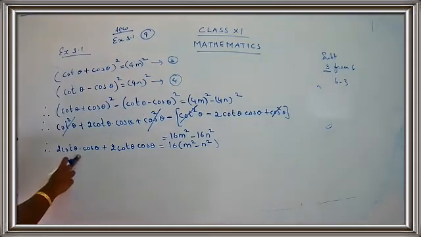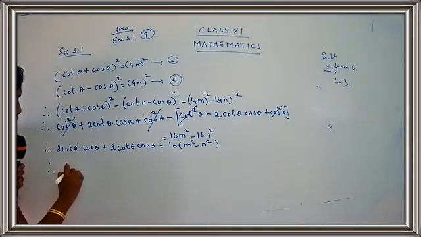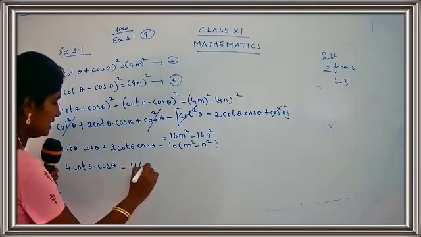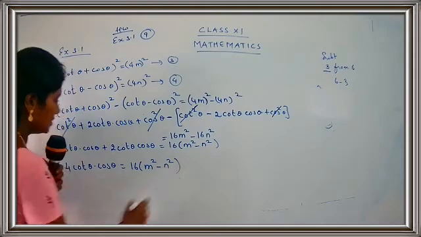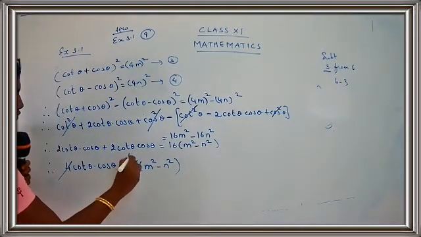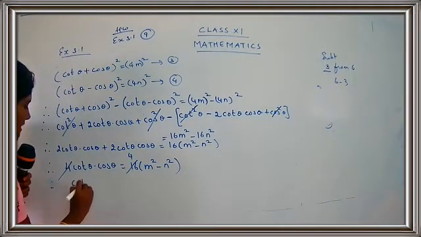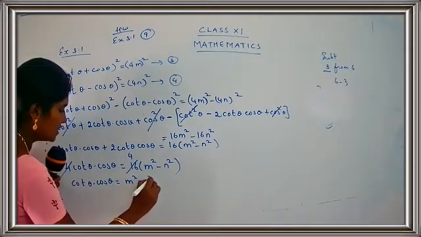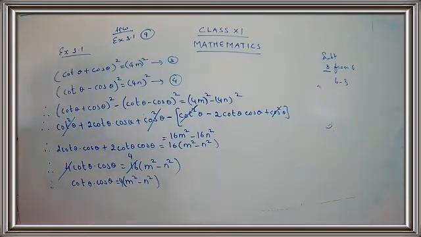So 2 cot theta into cos theta, 2 cot theta into cos theta. So you write down here, this is 4 cot theta into cos theta is equal to 16 (m square minus n square). 4 ones are 4, fours are. So cot theta into cos theta is equal to 4 (m square minus n square).